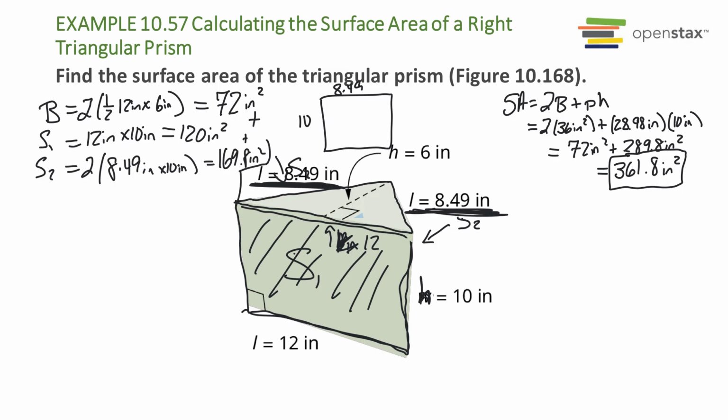And so if I add all those together, my total surface area is going to be 72 plus 120 plus 169.8. And that does in fact give us 361.8 square inches.